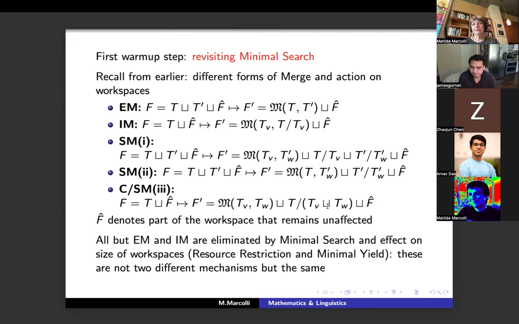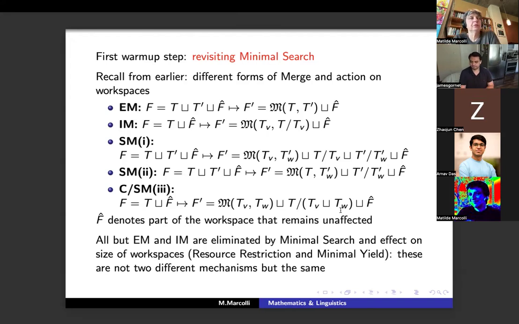Or you extract two different accessible terms from the same component, you merge them together, you keep what is left of that component, and you keep whatever was unchanged. So these were all the possible things that could happen when you look at all the possible terms that merge is acting on. The first two are external and internal merge, and the others are the sideward merge versions.